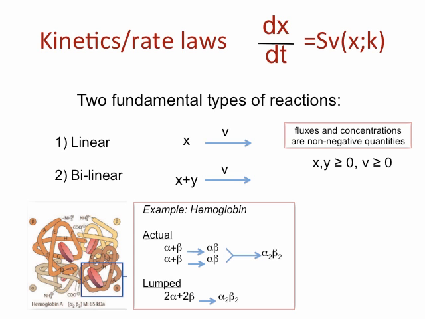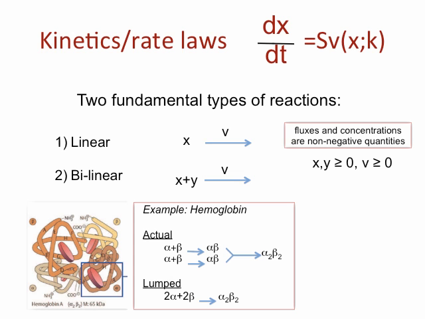Sometimes they're all lumped together as shown at the bottom, where we say that 2 alpha chains plus 2 beta chains become that tetramer. We should all know that that is not an actual chemical reaction. There is no way that 4 chemical species can meet at the exact point in space at the exact same time.